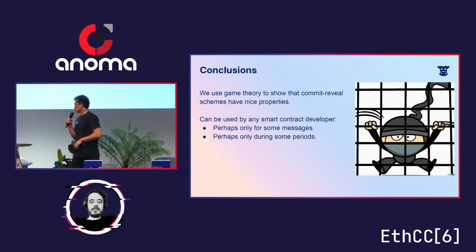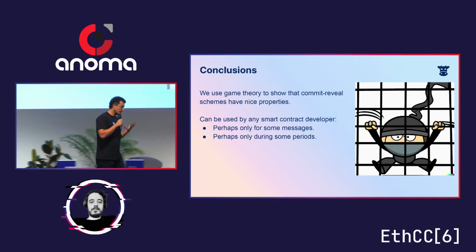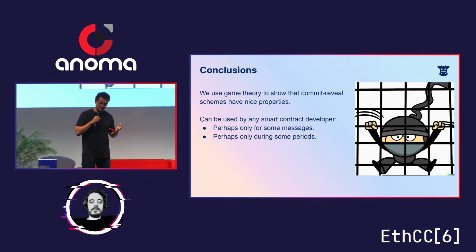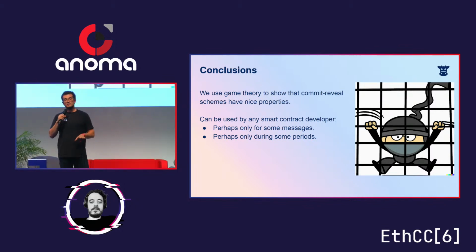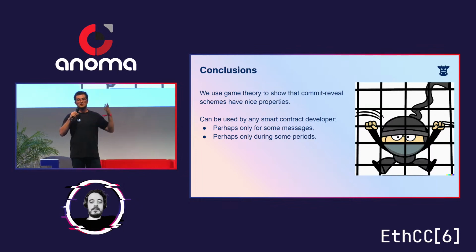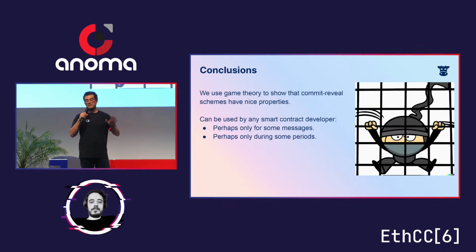Okay, so to conclude, the novelty here is that the protocol is a little bit new, but particularly the methodology of using game theory and deriving novel benefits of these commit-reveal schemes in the context of MEV and front-running attacks. Note also that because it's applied at the smart contract level, it can be very flexible.